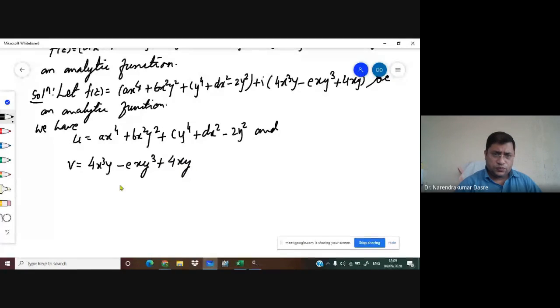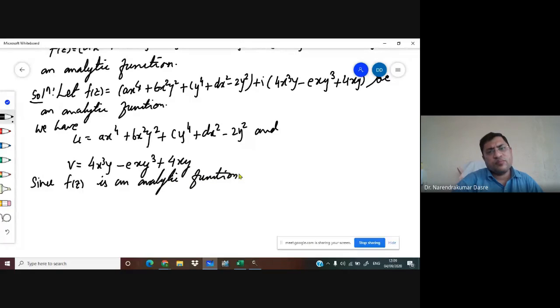Okay, so that's what we have. Now let us try to solve this. So what we know is, since f of z is an analytic function, hence u and v satisfy the CR equations.